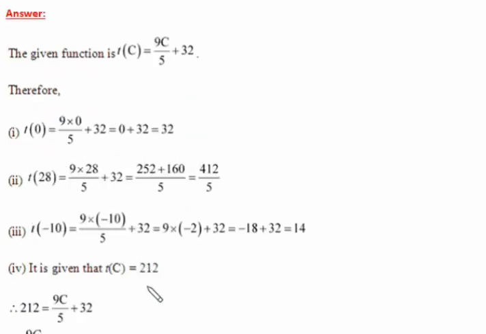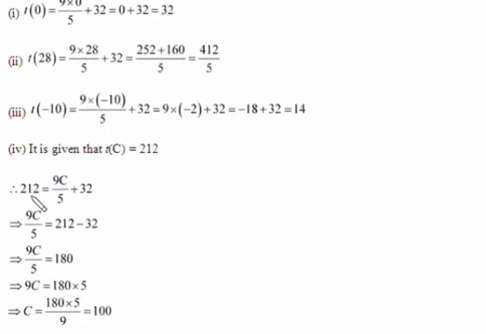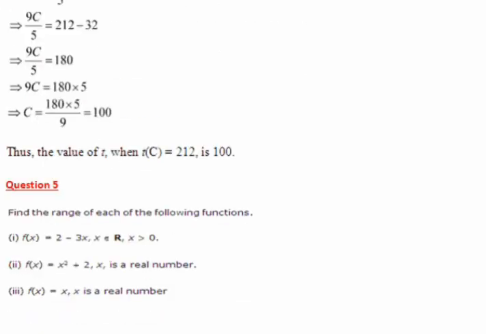In the fourth condition, it says that t(c) is equal to 212. So we put t(c) equal to 212 on the right side, 9c by 5 plus 32, and we solve it, then we get the value of c. This is a different way. The value of c is 100.